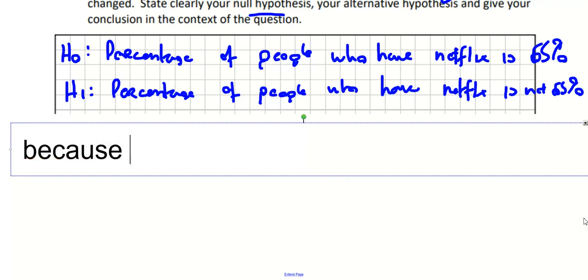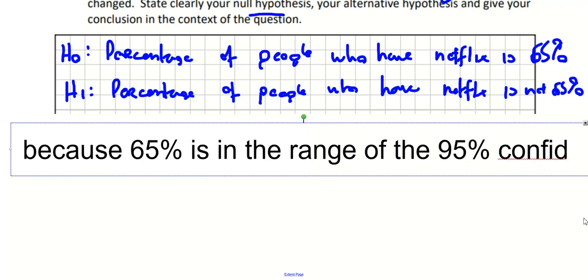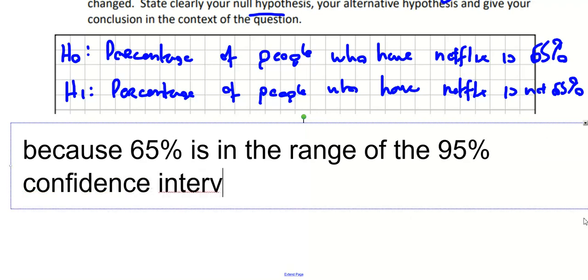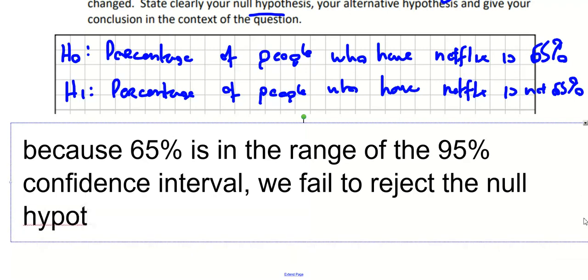So here's what we're going to say. Because 65% is in the range of the 95% confidence interval, we fail to reject, or you accept the null hypothesis.